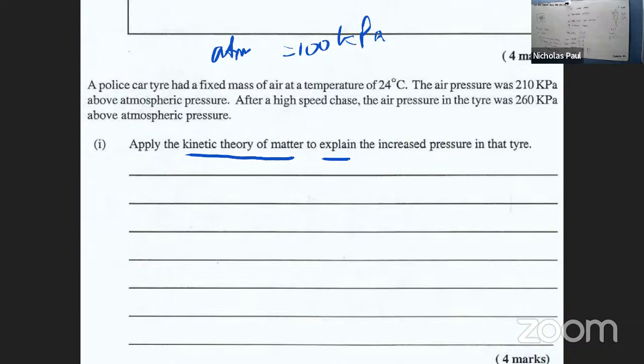Right. Because throughout the high speed chase, the temperature inside the tire increased. Because it has a fixed mass of gas, the volume is not going to change. Write it down: temperature inside the tire increased.